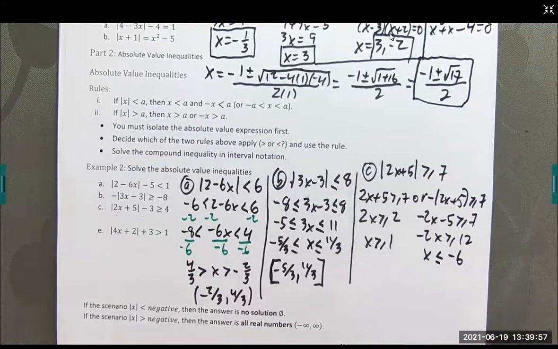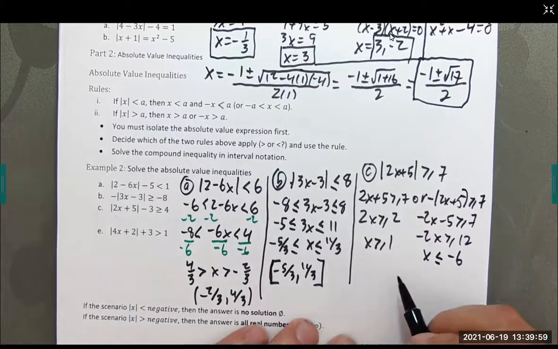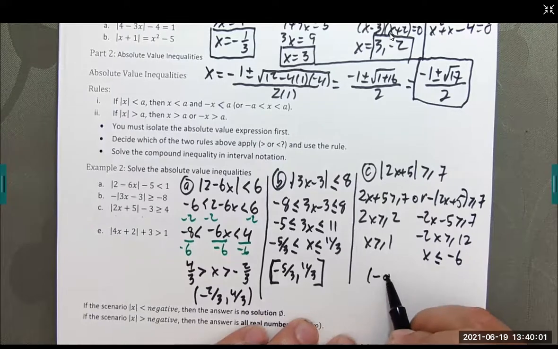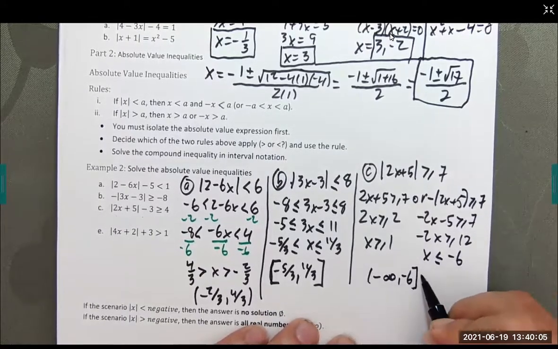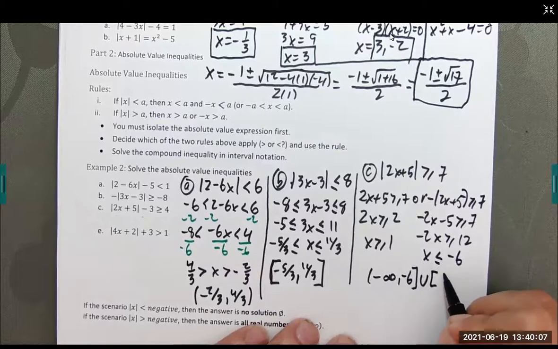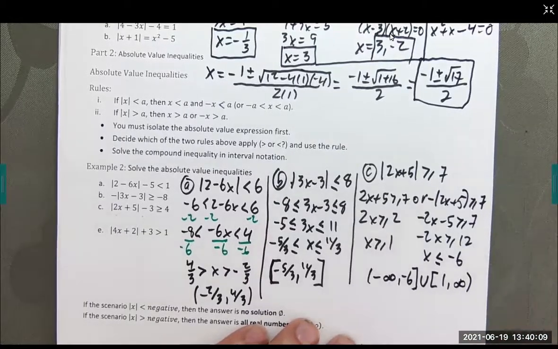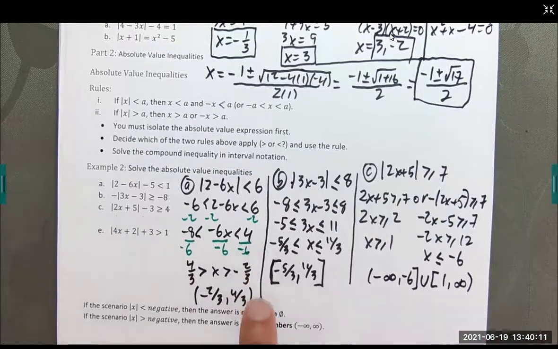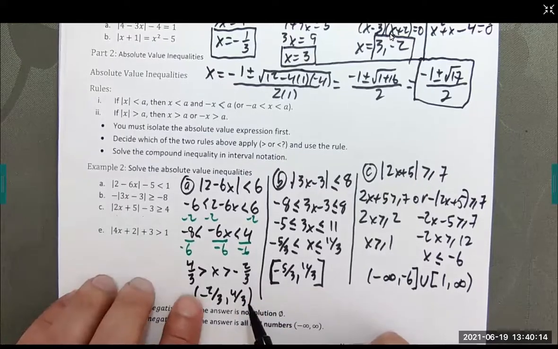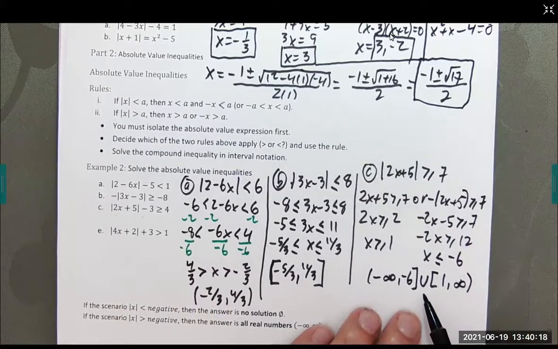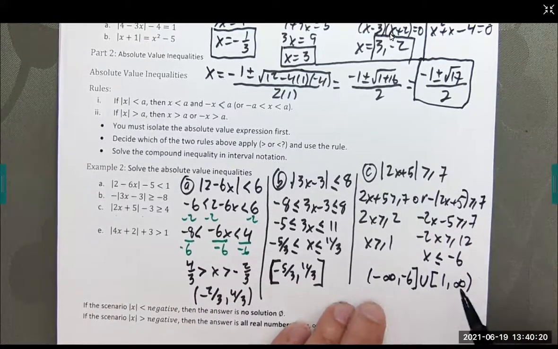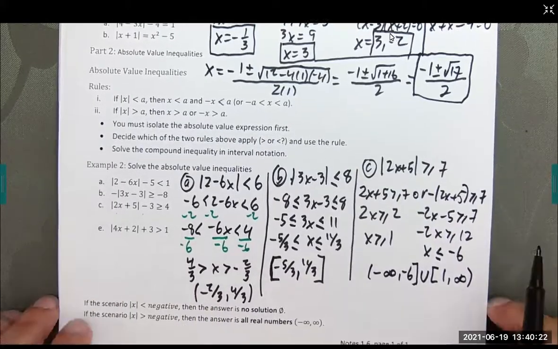So this actually is going to be -infinity to -6 inclusive, union with, including 1 off to infinity. So whenever it's less than, there's not going to be infinities involved. Whenever it's greater than, we're going to end up with the union and the negative infinity and positive infinity and all that sort of stuff.